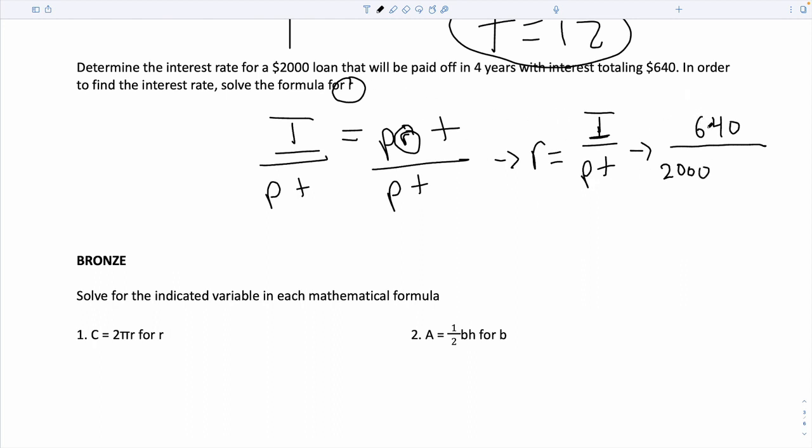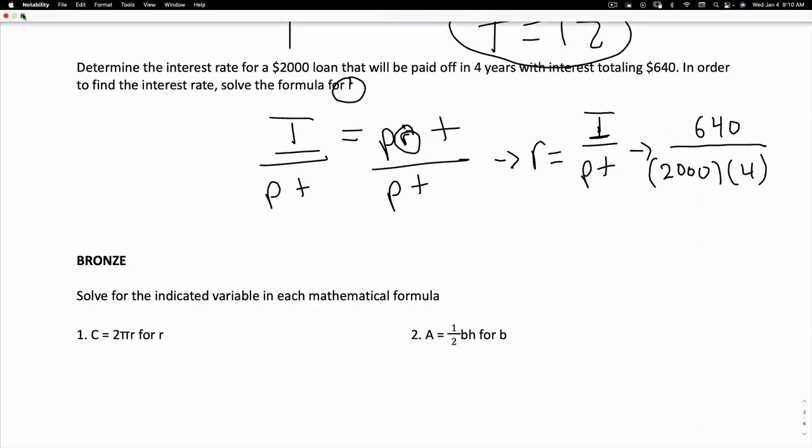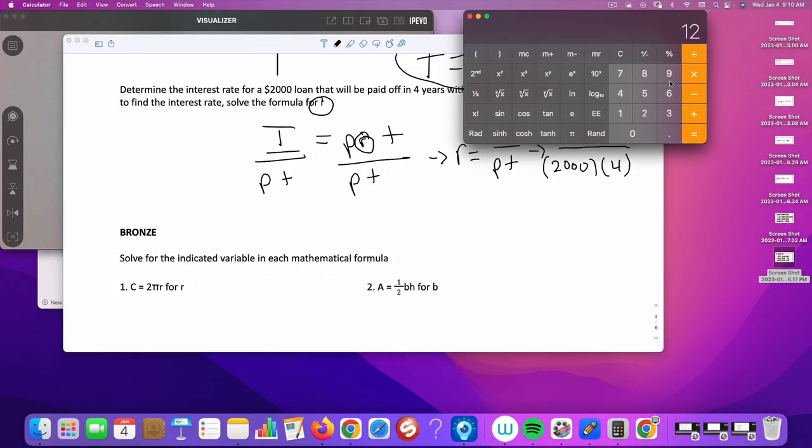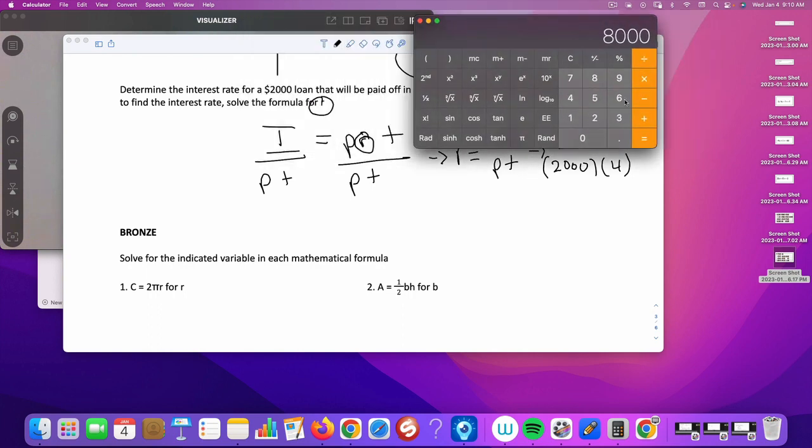And how much time am I trying to pay this guy off for, Tanner? 4 years. 2,000 times 4 and divide that by 640. 2,000 times 4. 640.